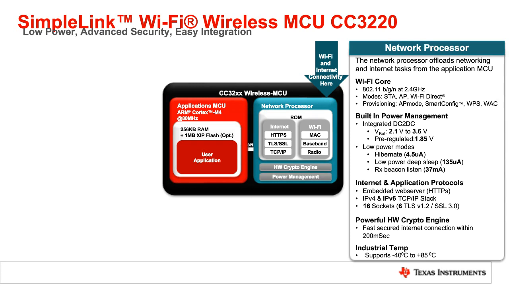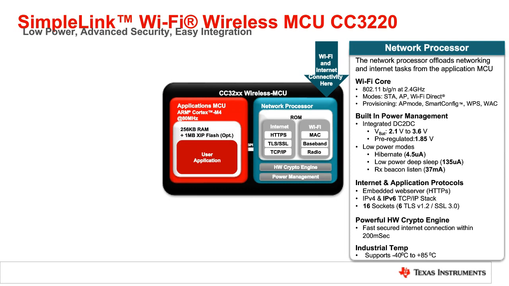Within the network processor, it is leveraged to enable a fast, secure internet connection within 200 milliseconds, which is also helping for establishing a fast connection to the internet and also maintaining a low power profile. This device supports industrial temperature from -40 to +85 degrees C.